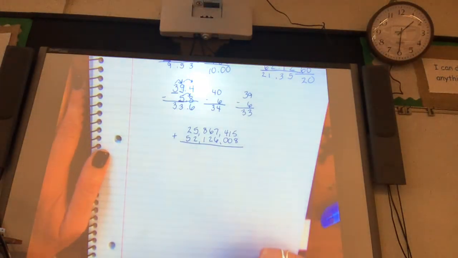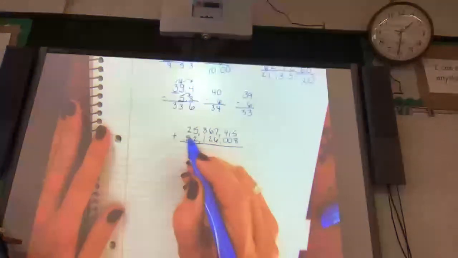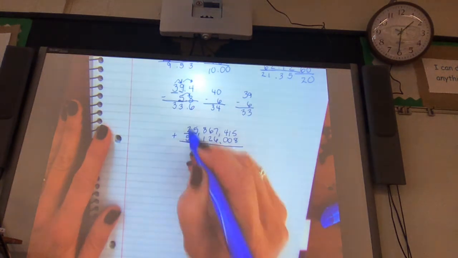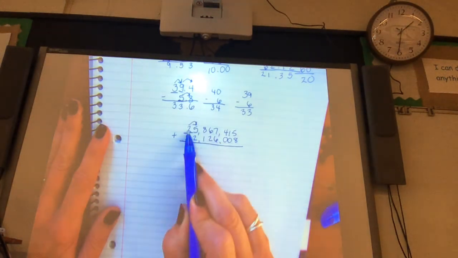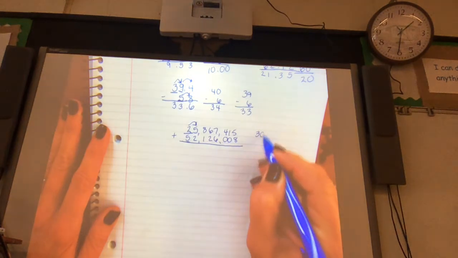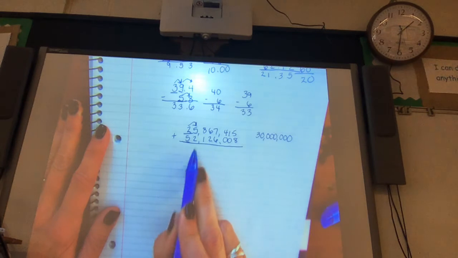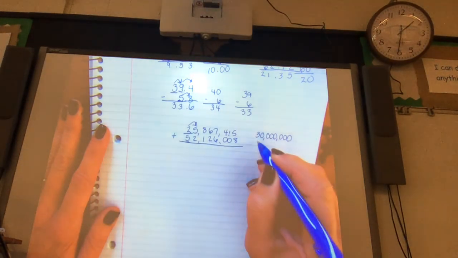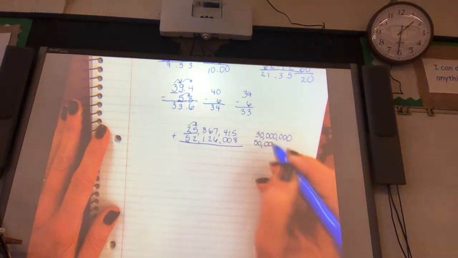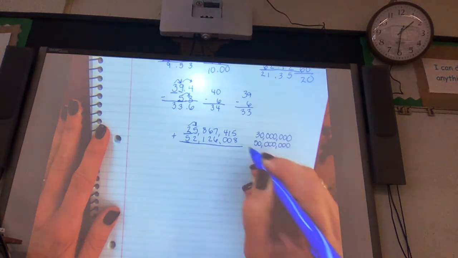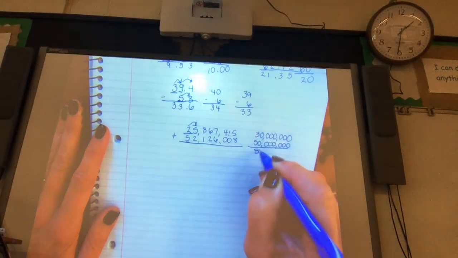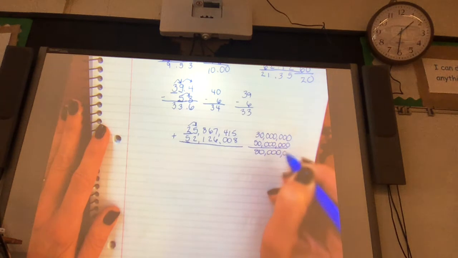Again, we round to the greatest place, the place farthest to the left. So the 5 tells the 2 to go up to a 3, 30 million. The 2 tells the 5 to stay the same, 50 million. And 30 plus 50 is 80 million.